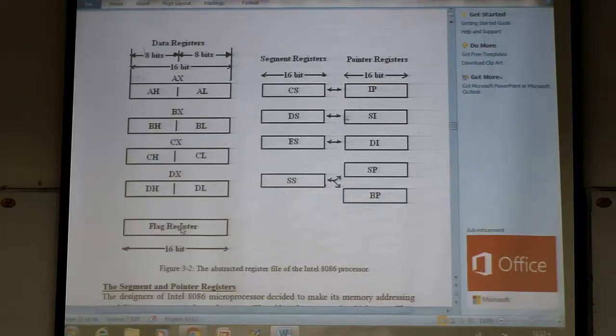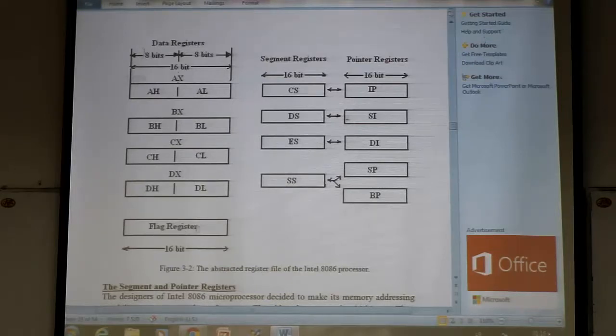If it is not 0, it will be reset to 0. And so on. The sign flag: if the result is negative, the sign flag will be 1. If it is positive, the sign flag will be 0. The overflow flag: if there is an overflow in the operation, we set the overflow flag. Later we will explain what overflow means. If not, it is 0.